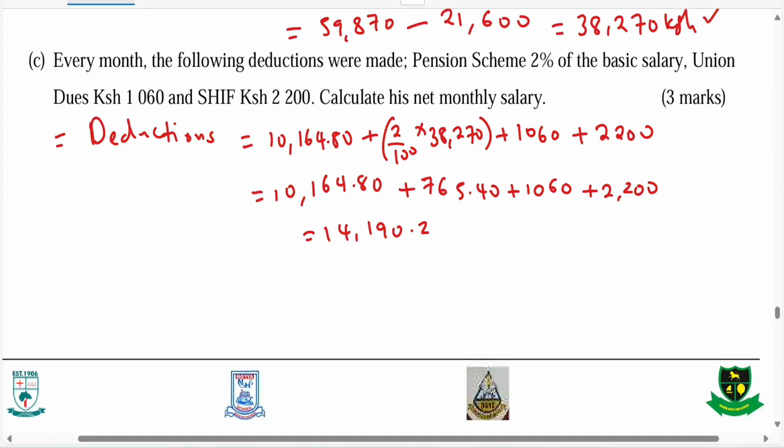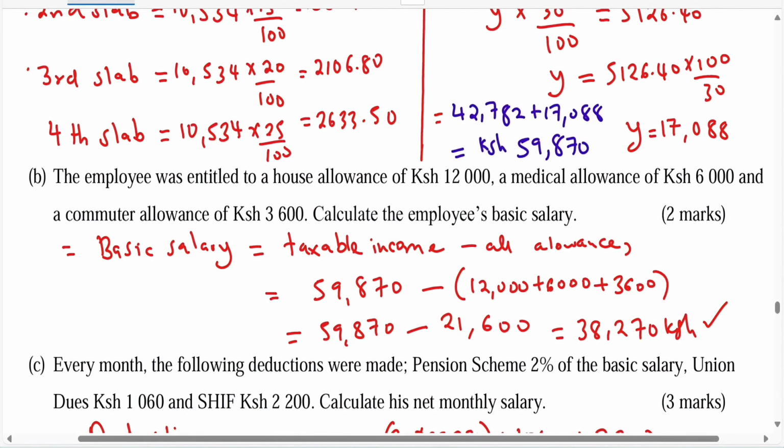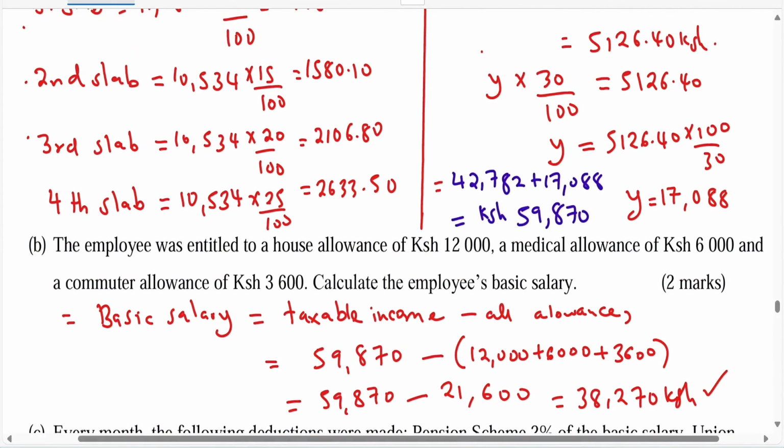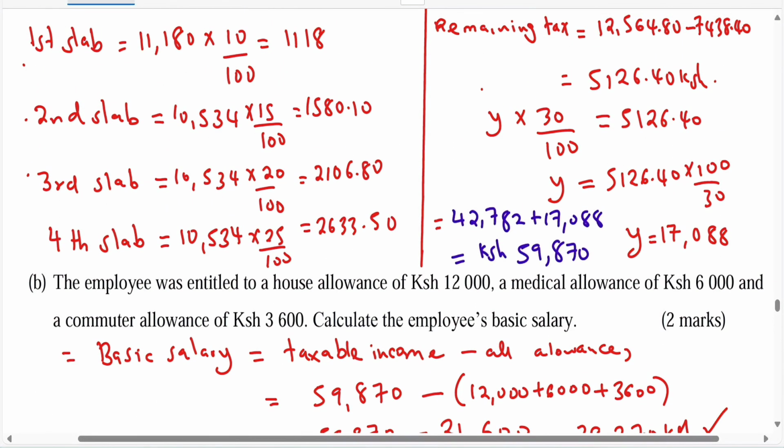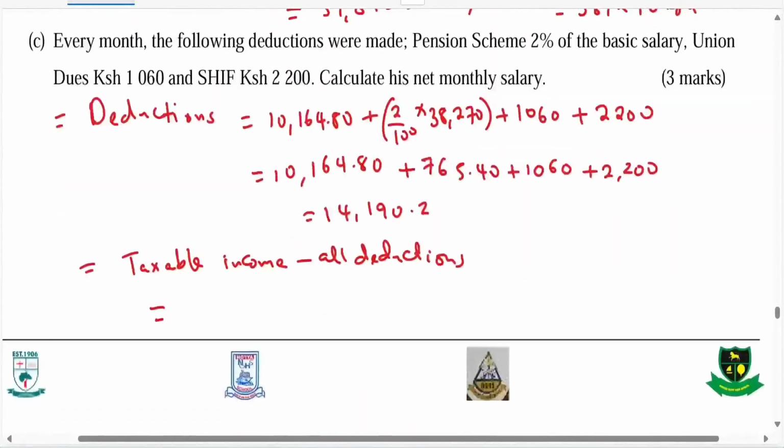14,190.2. So our net monthly salary will be your taxable income minus all deductions. So our taxable income, we had calculated how much did you calculate? Taxable income was supposed to be 59,870.